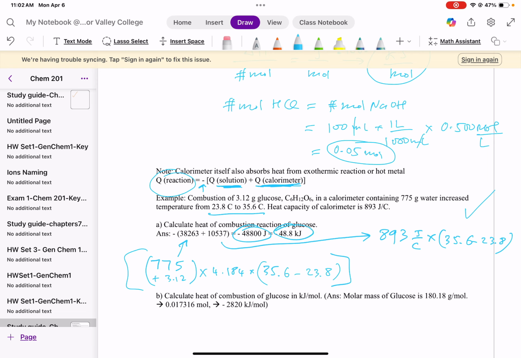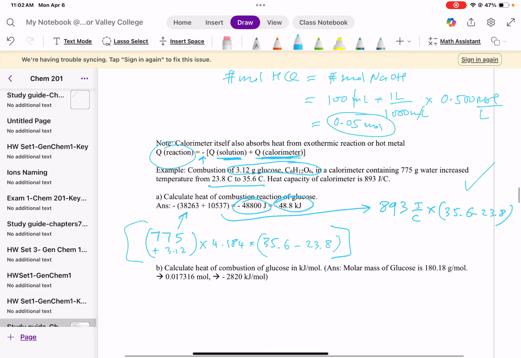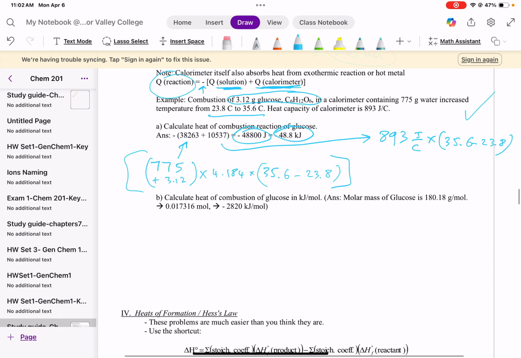This one we don't have to worry about mole, but we can divide it by the moles of glucose. If I ask for per mole, you can do that because you have the molar mass of glucose.